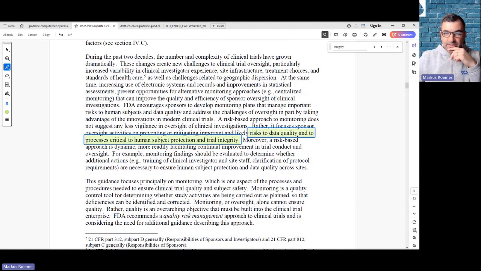Risks to data and data quality and to process critical to human subject protection and trial integrity. And you should try to combine data integrity also with trial and study integrity and to set up this kind of data or system checks into your monitoring plan.